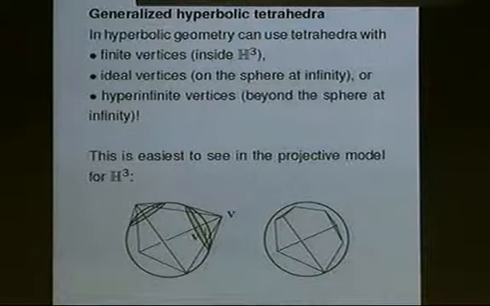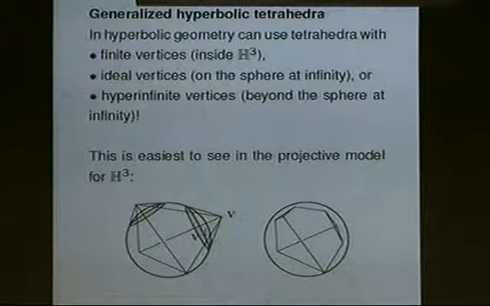And to understand this, it's easiest to think about the projective model. So here you start with a unit ball, geodesic segments are straight lines inside the ball. Hyperbolic planes are just parts of Euclidean planes inside the ball. So a convex polyhedron in the projective model actually just looks like a Euclidean convex polyhedron.